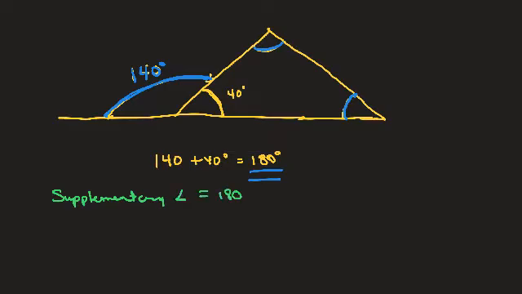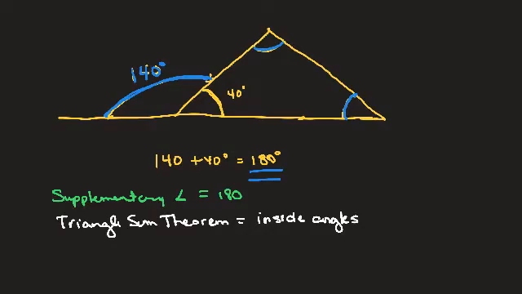So that's why we know the yellow angle has to be 40 degrees. We also know from the triangle sum theorem that the measure of all the inside angles must total 180 degrees.